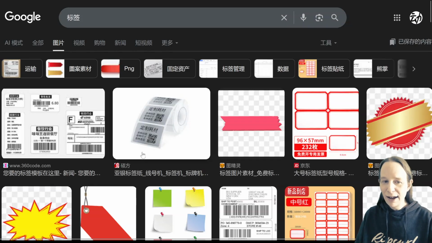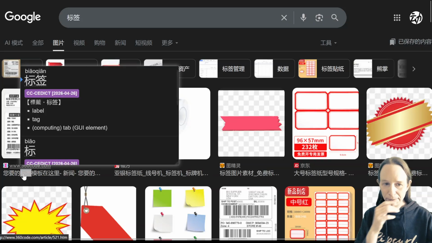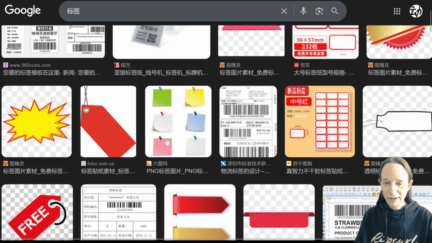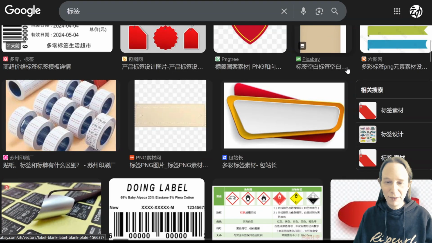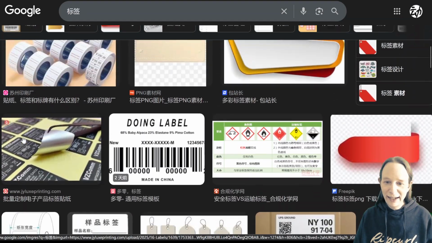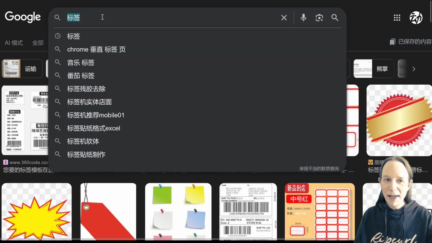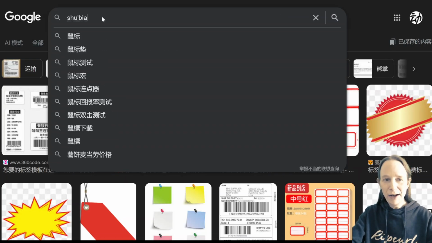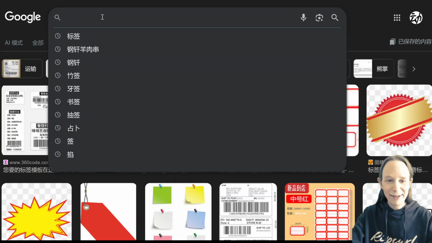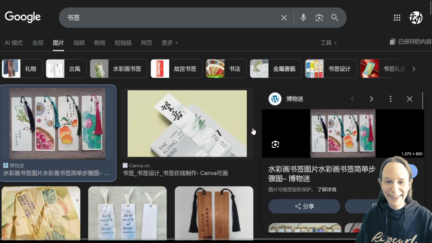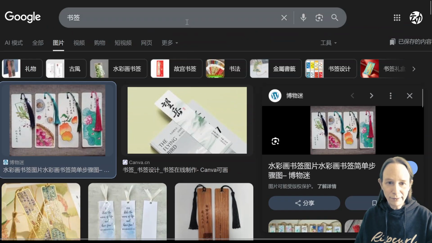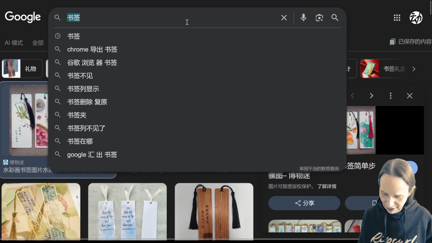This is just the label, right? 标签, label on a product or item so you can easily identify it and distinguish it from other things. And 书签, I always get this wrong. 书签, have we searched it already? They're pretty, aren't they? All right. That's number 3.